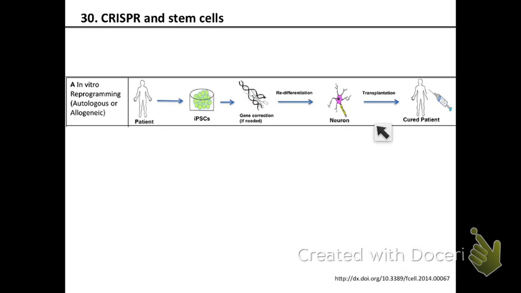And if you can then transplant these back to the patient, you would be putting in cells that come from the patient itself, so you're not going to have any immune response to its own cell, right? But you actually corrected whatever mutation was causing the disease. Does this make sense? So you could take it from the patient, fix it, process it, and put it back into the patient. And this is actually what people have been really excited about, and there is some progress in the past 2 years or so in this kind of treatments.